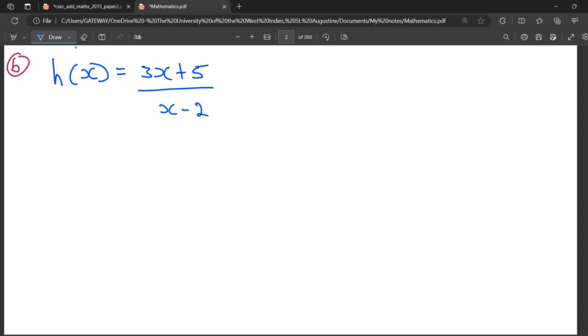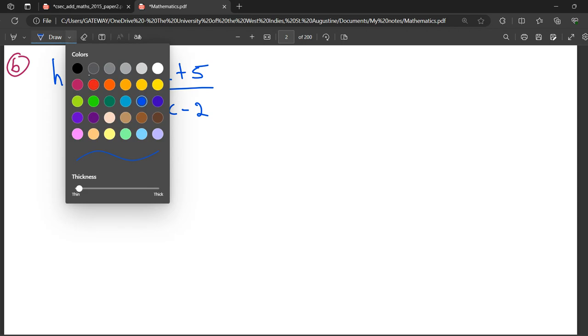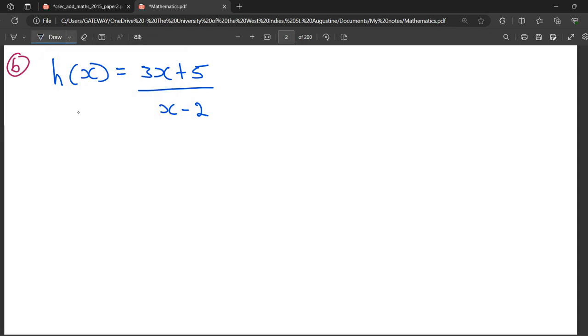The first step here is to replace the h of x with the letter x. Put back the equal sign, and on the right hand side, wherever you see x, replace it with the variable y. So you now have 3y plus 5 all over y minus 2.